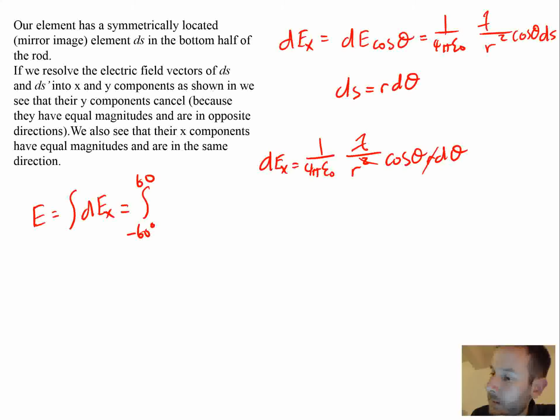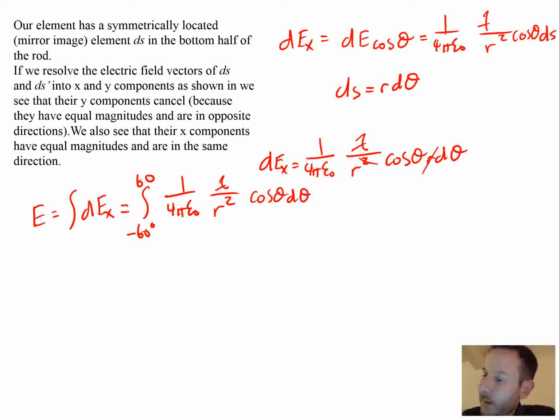That's 1 over 4 pi epsilon naught times the integral of cosine theta d theta over r. We pull out everything we don't need from the integral, so that's lambda over 4 pi epsilon naught r.